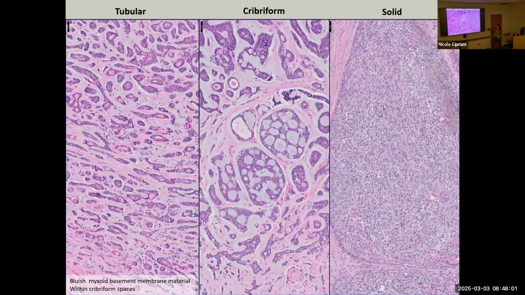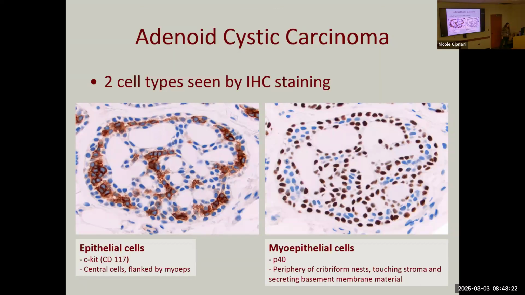So that bluish material is connective tissue mucin because these are actually myoepithelial cells, right? So unlike these tubules in which the center lining cells are just epithelial cells and they're not secreting that. Does that make sense? So you kind of have like an inverted thing with the cribriform pattern.